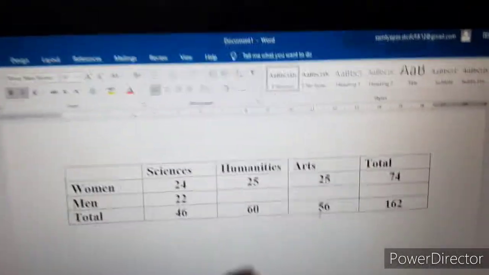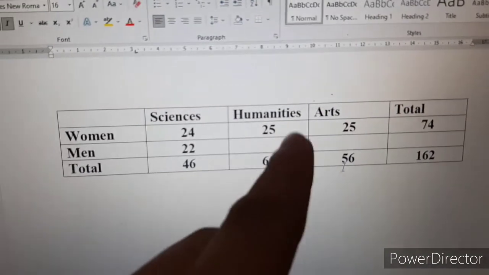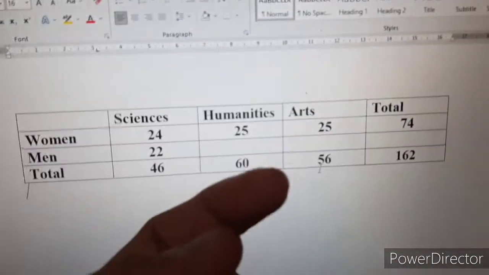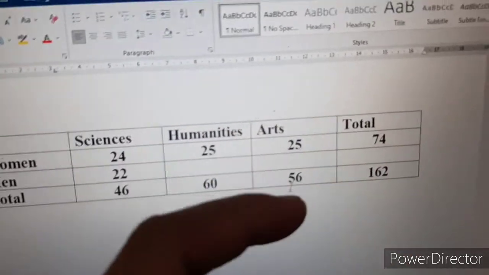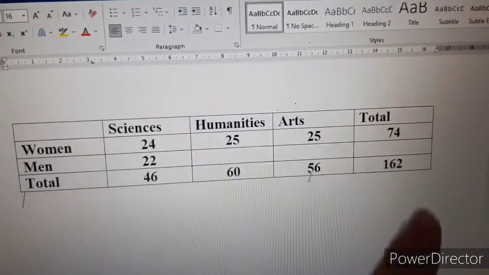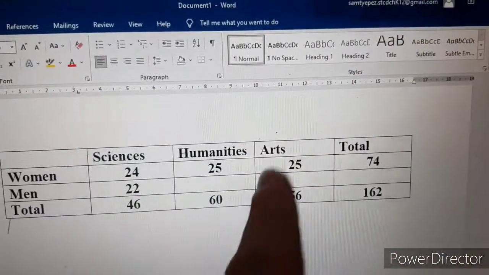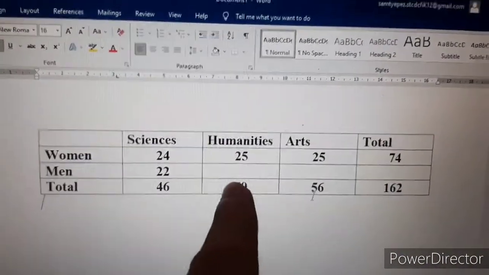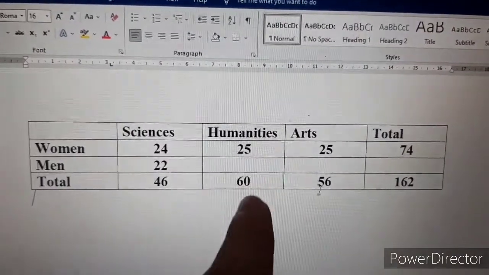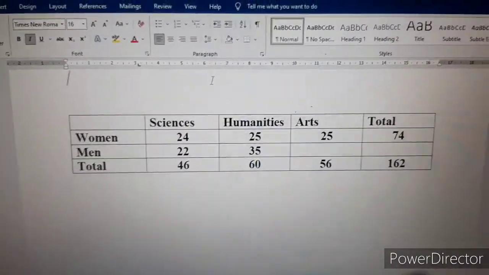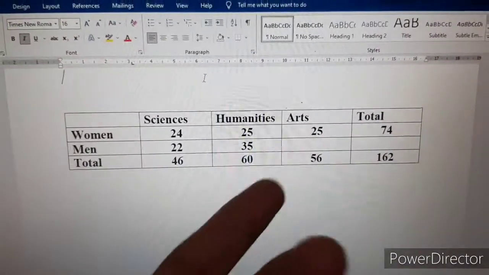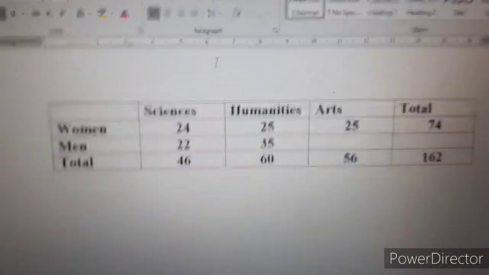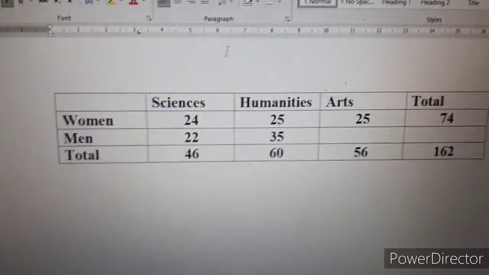So next, we would be searching for the total men who went to humanities. Now this will be pretty easy since we're almost filling up every blank here. So we just subtract 25 from 60. So yes, we will get 35, since 60 minus 25 is 35.